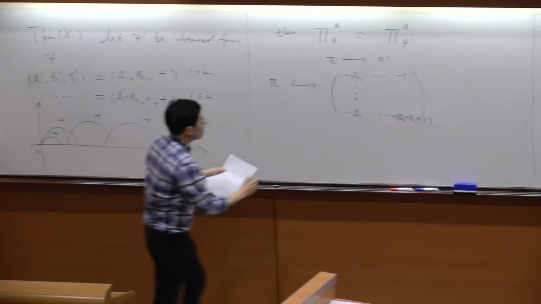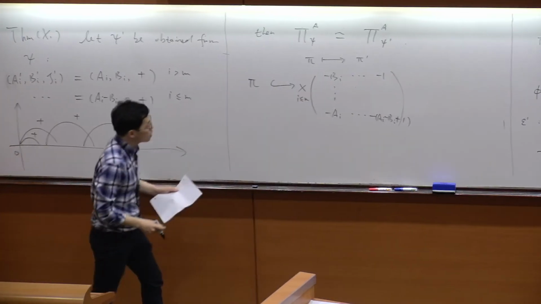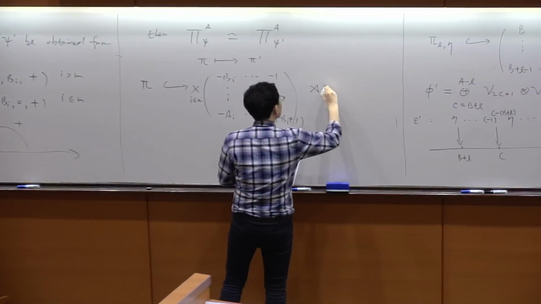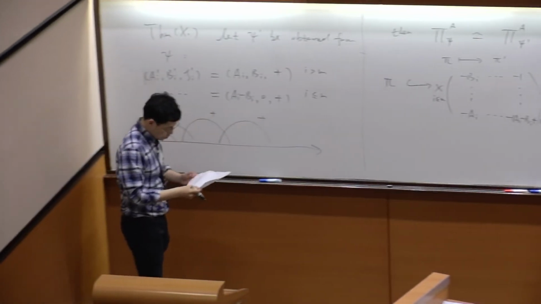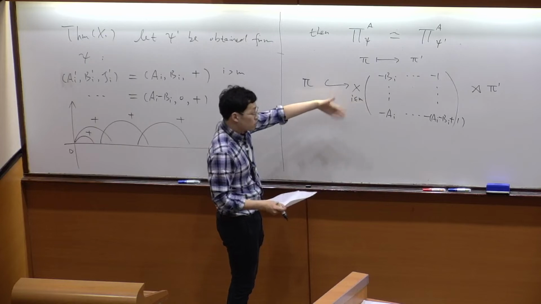And now this time, there will be M matrix, and then you have pi prime. In fact, this will be the unique irreducible sub-representation of the right-hand side.